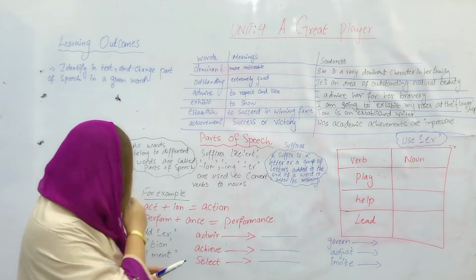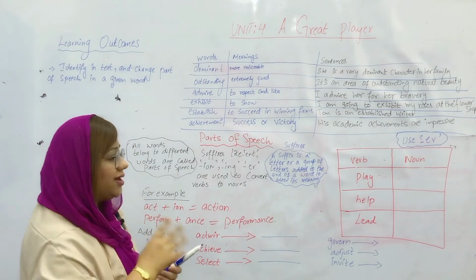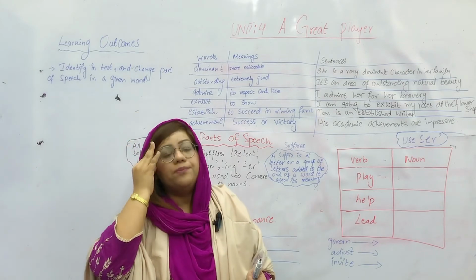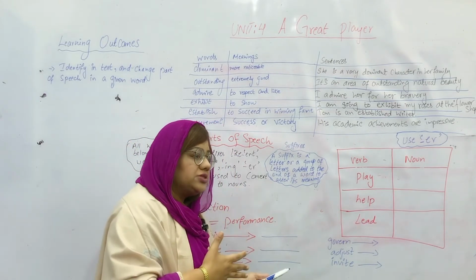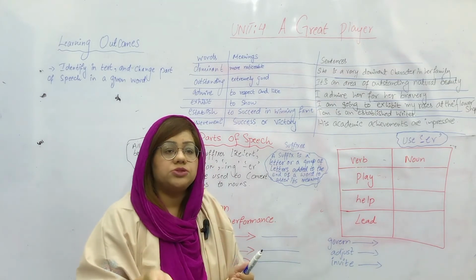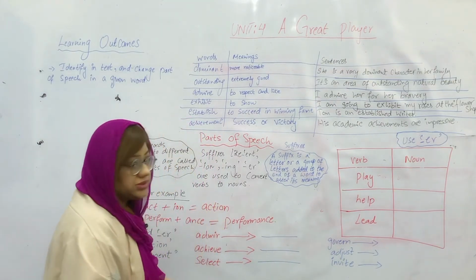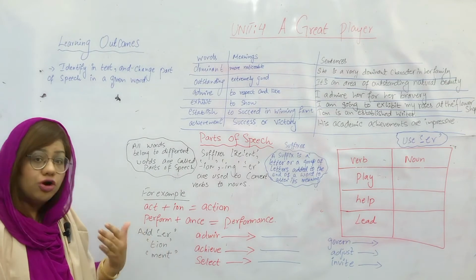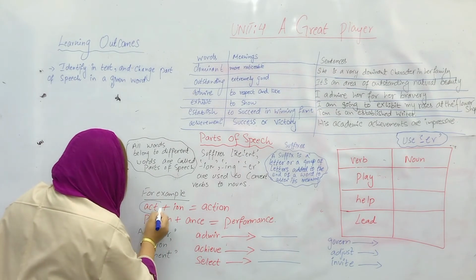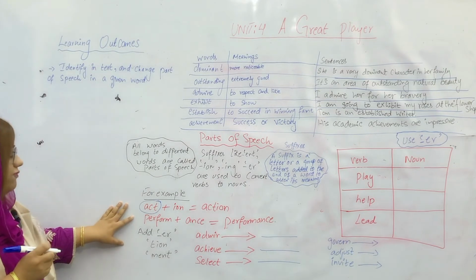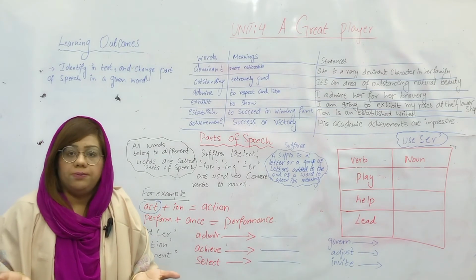Got the idea? Now, here are some examples, because it's very important to understand this and use these concepts in doing the exercises. There are some examples for your understanding. Act. You can see on the board, act is an action verb.